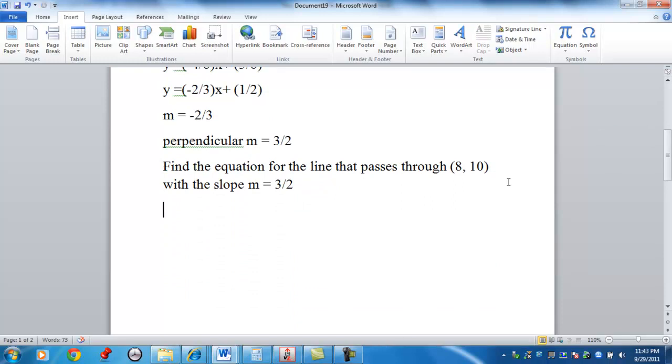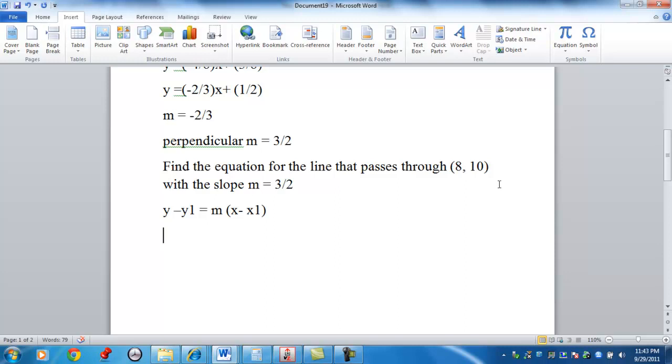We can use the equation y minus y1 equals m times the quantity x minus x1. The point 8, 10 is where we're going to insert the values for x and y.